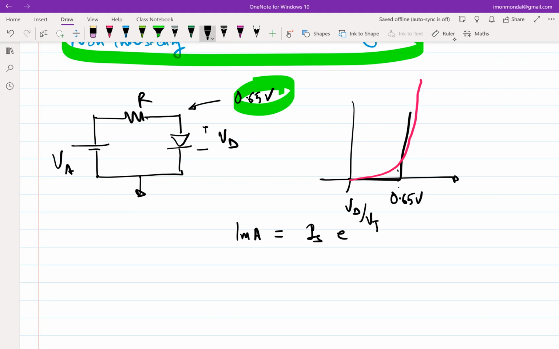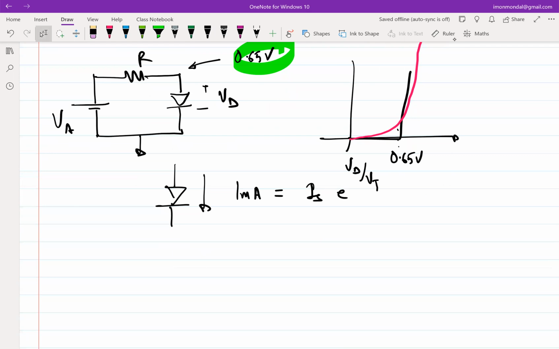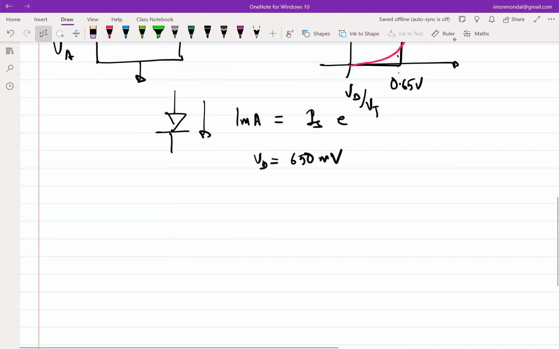I have a diode where I have pushed in 1 milliamp current, and I'm trying to figure out VD. Let's assume that VD is 650 millivolt. Now I did another experiment where I doubled this current. I pushed in now 2 milliamps.